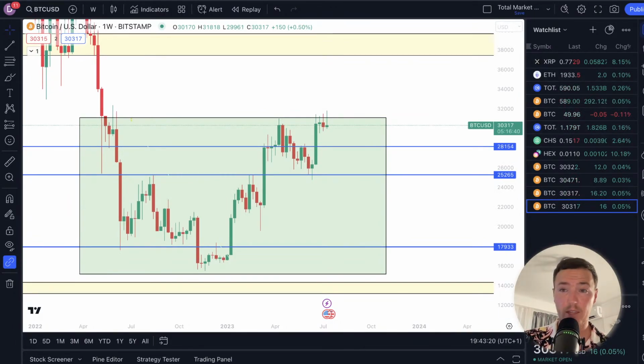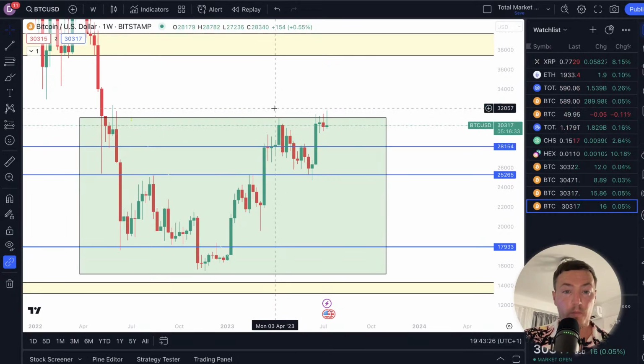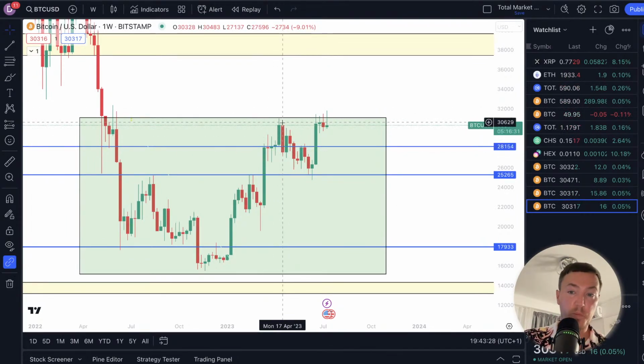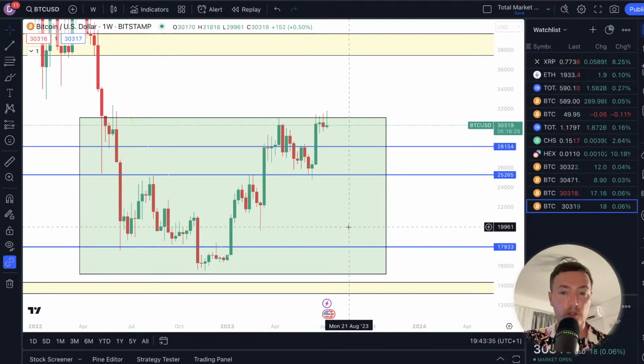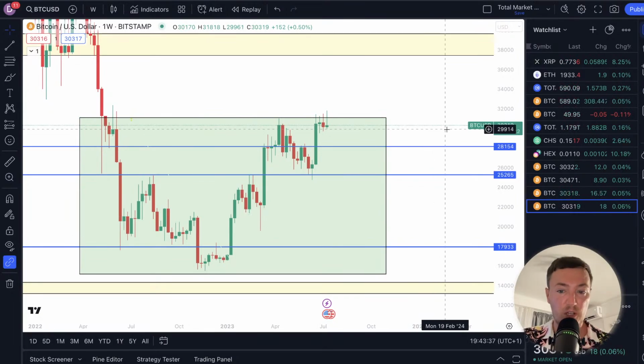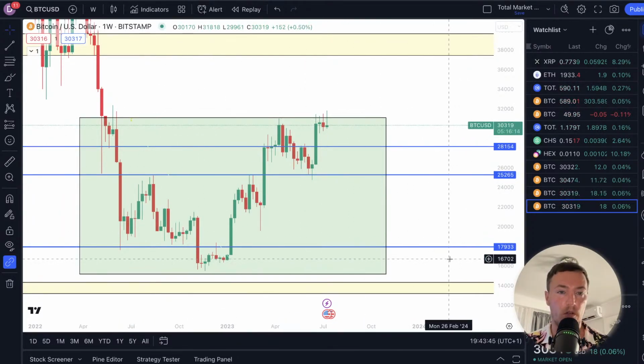I continually post it. Anytime there's a big pump like this on Bitcoin, crypto Twitter goes crazy: we've just pumped, we're going to the moon. But look, we're in the same place. We could easily come back down to the bottom of this range, go back up to the top of this range, which would take us into next year, into March 2024. We could stay in this range until March 2024.